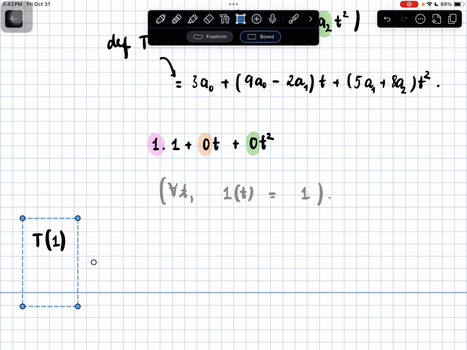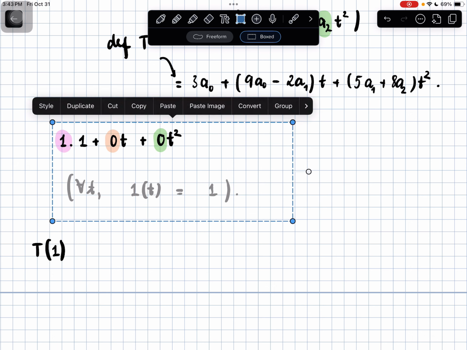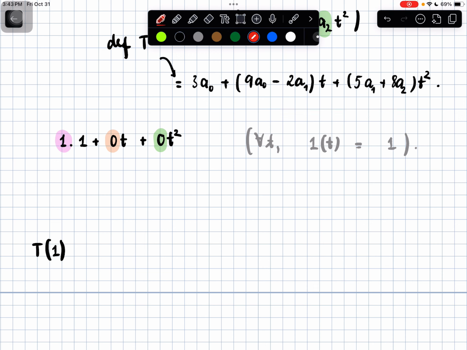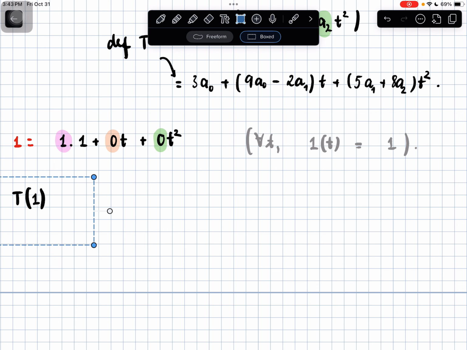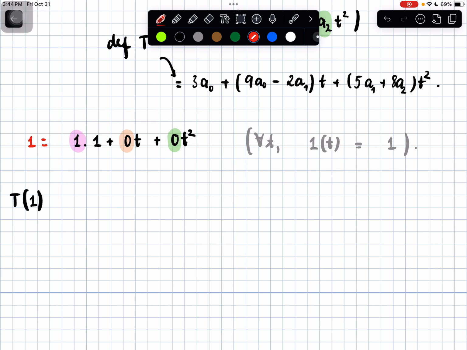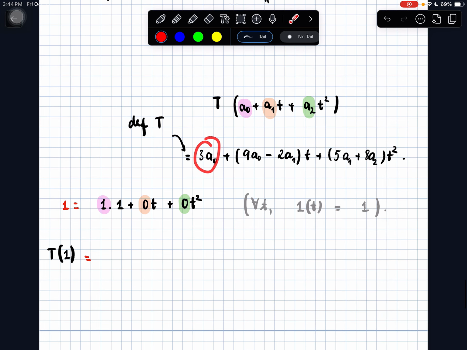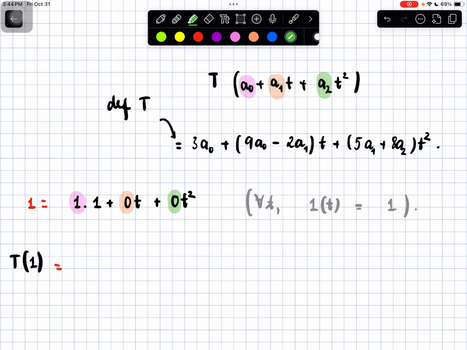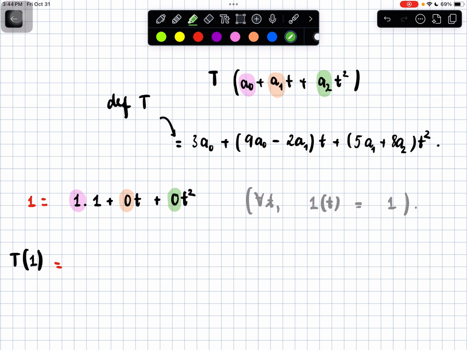So 1 is this polynomial. The image of 1 can be computed as 3 times a0 plus 9 times a0 t minus 2 times a1 t plus 5 times a1 t squared plus 8 times a2 t squared.